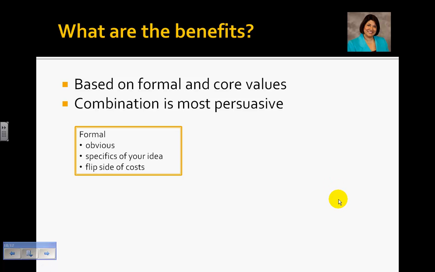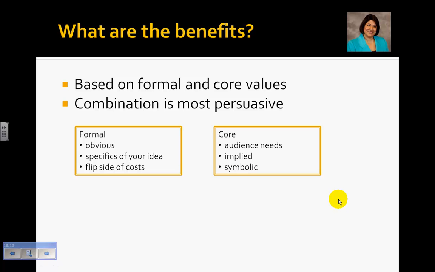And just to summarize, a formal value upon which your benefits or features can be listed are the obvious things. All right, if there's a reduction in the amount of time for a service call, naturally efficiency is increased. They're the specifics of your idea, the flip side of the costs. Core benefits, however, address audience needs.